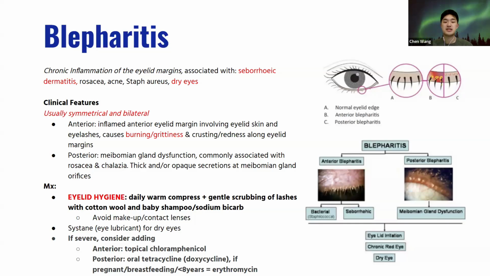If the blepharitis is really severe, you may consider adding some antibiotics. So for anterior, you might add some topical chloramphenicol, and for posterior, you might add some oral tetracycline. So the tetracycline in this case is not really about killing the bacteria per se. It just will change the composition of the oils and make it less likely to obstruct and cause blepharitis.